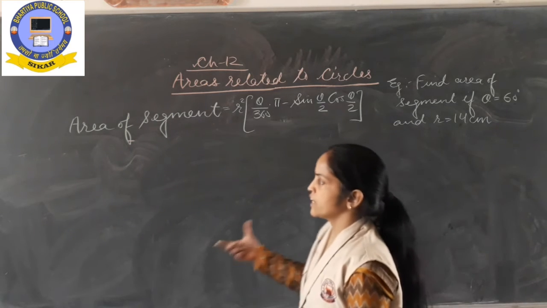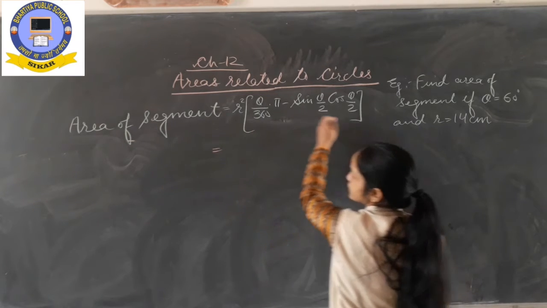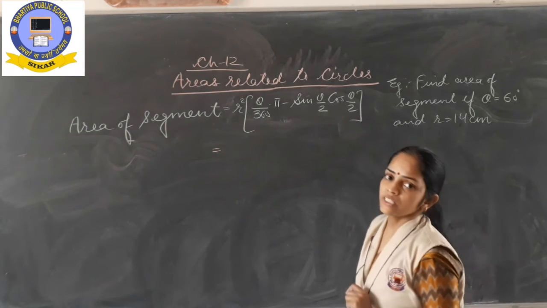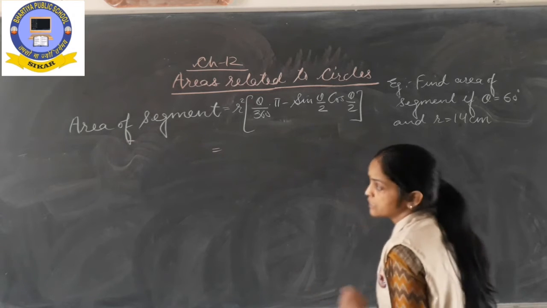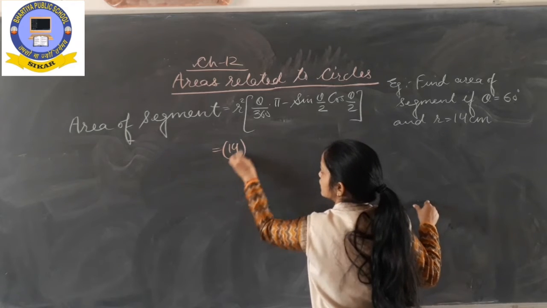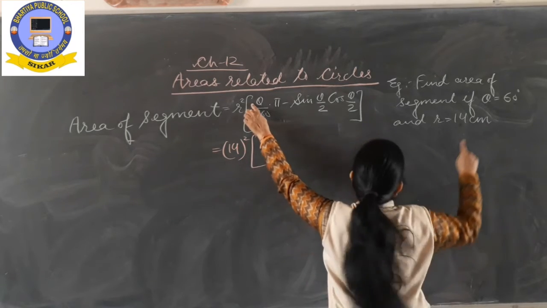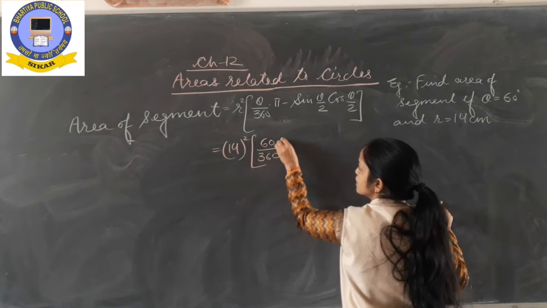We need to find out area of segment. Now let us keep value in formula. Formula is already given here. R square multiplied by theta upon 360 into pi minus sin theta by 2 cos theta by 2. Please learn it. So R is given 14. So 14 square multiplied by theta, means angle given 60 degree, upon 360 multiply by pi.